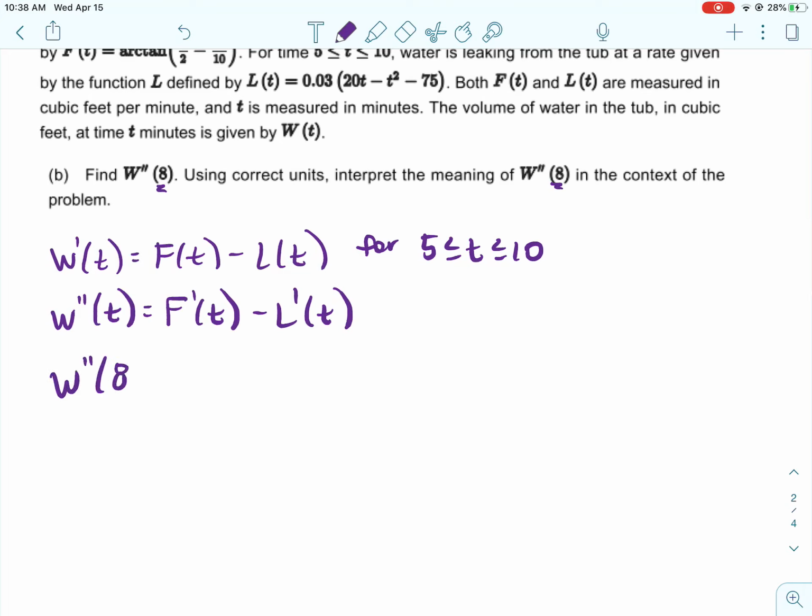I'm going to go back up here and say that this is W prime of t when we're using times between 5 and 10 minutes. Now I just want to go back and put 8 in.